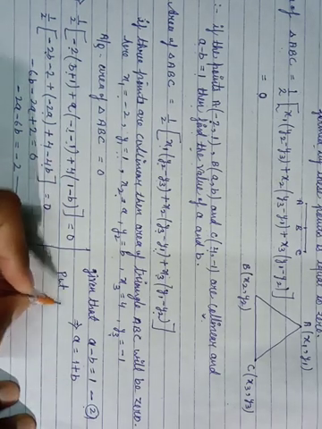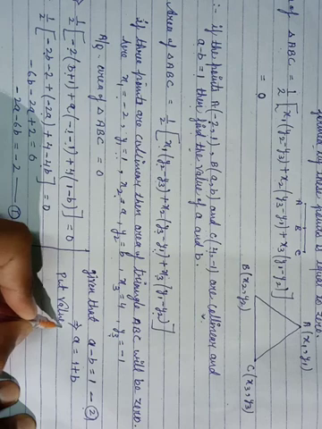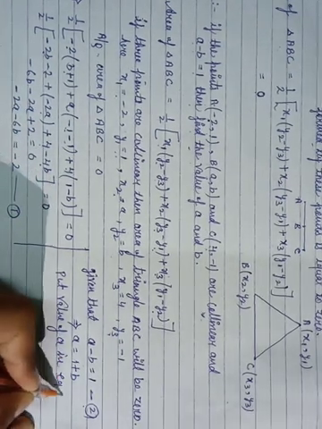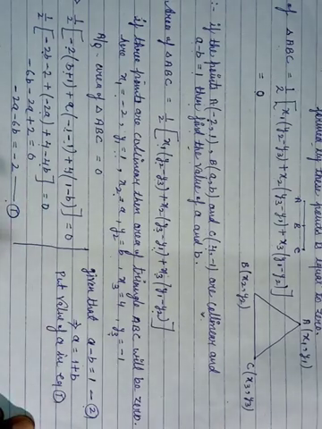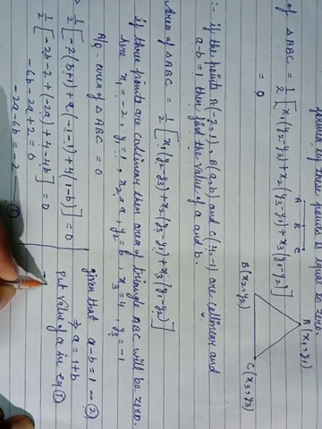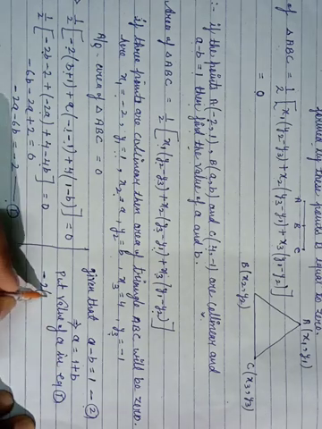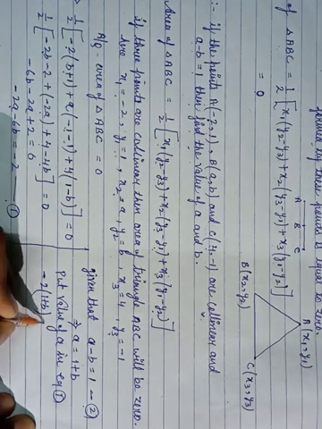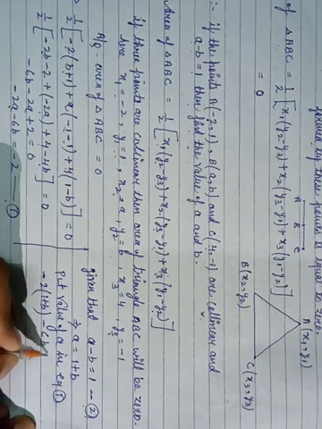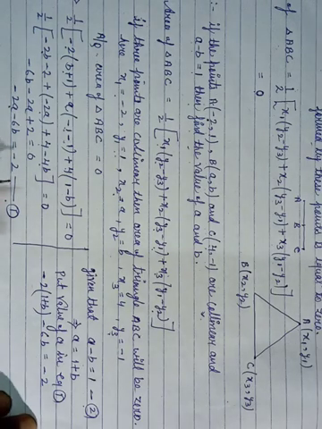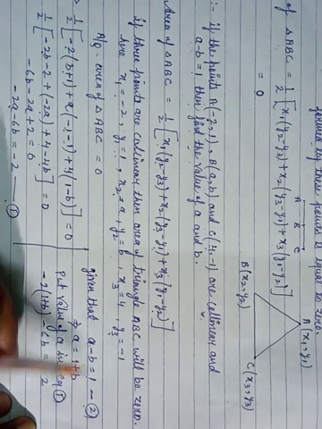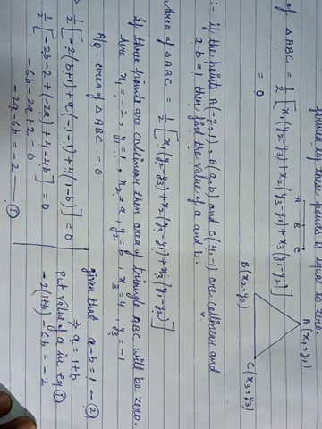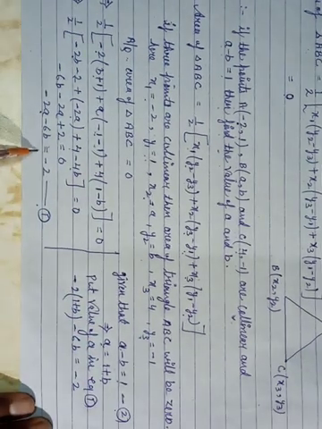Put the value of a in equation number first. We are putting here minus 2, the value of a is 1 plus b, minus 6b equals minus 2. Look at it once again. We have a minus b equals 1, then a value will be 1 plus b, and we put the a value in equation number first here. Is that clear?